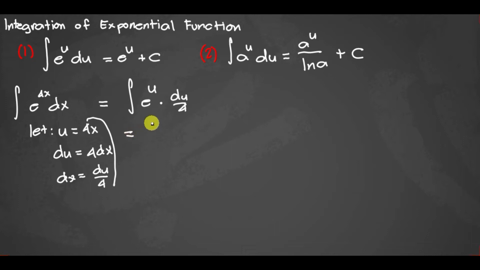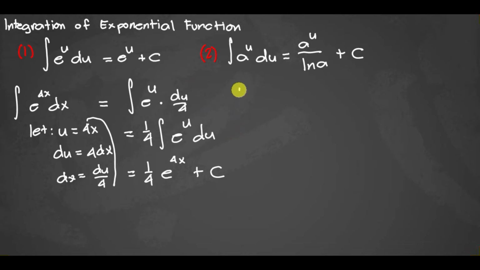Taking the constant out, we have 1/4 the integral of e raised to u du. Now, looking into our formula, this is similar to the first formula, where it's equivalent to 1/4 e raised to u, where our u is 4x, plus c.